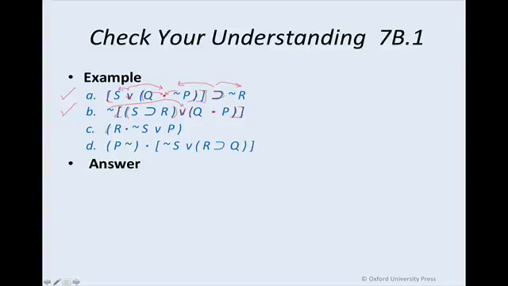Now let's look at C. We have open parenthesis, R, dot, negation, S, disjunction P, close parenthesis. So we've got a problem here. We don't know how the sentence should look. Should it look like this? R, conjunction, not S, or P? Or should it look like this?